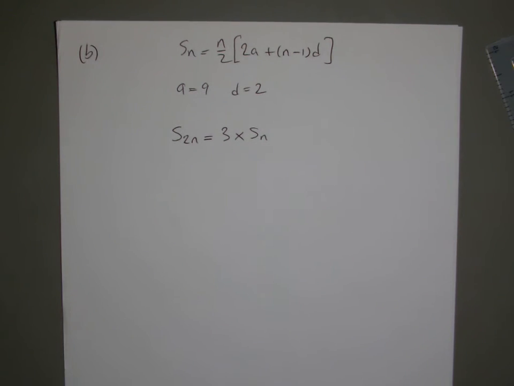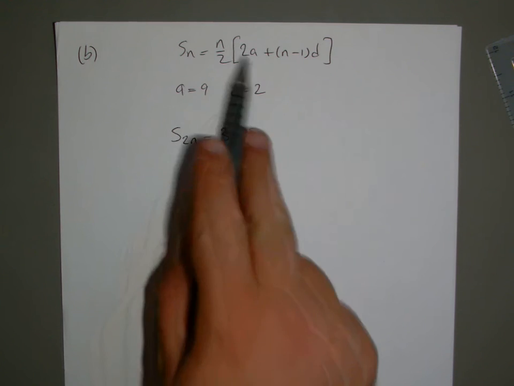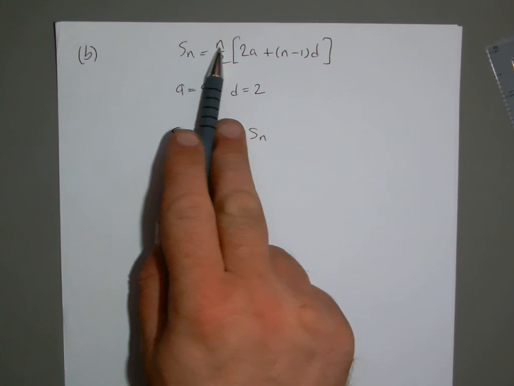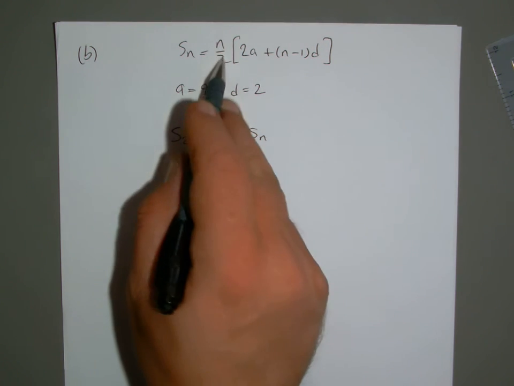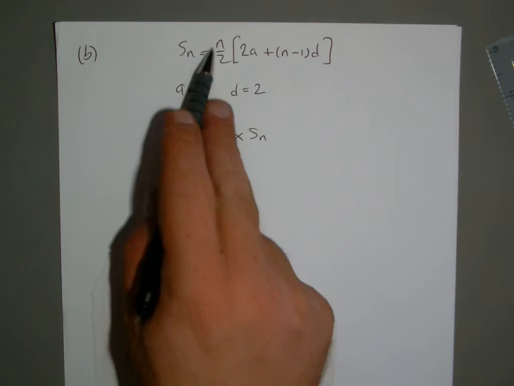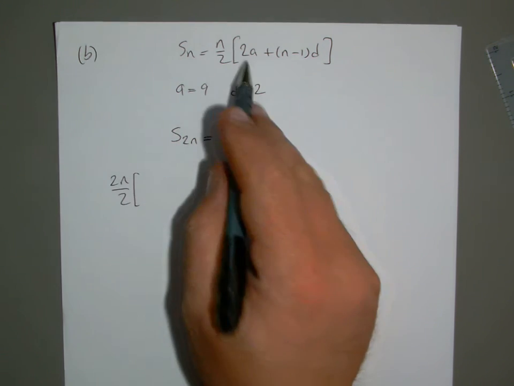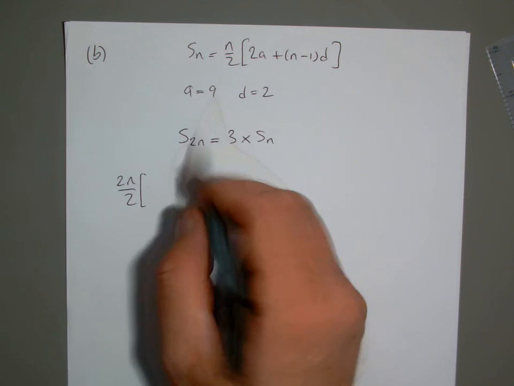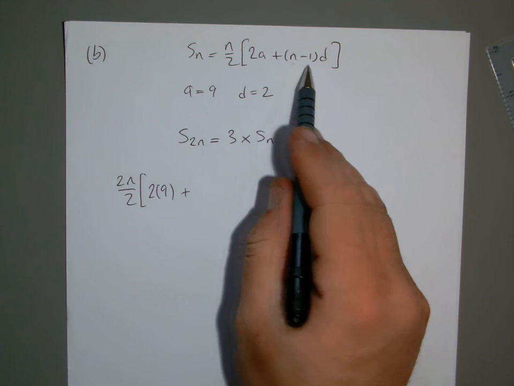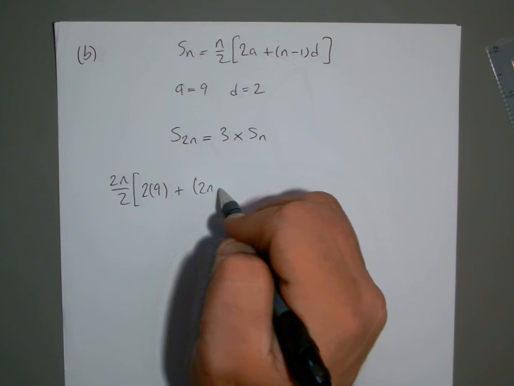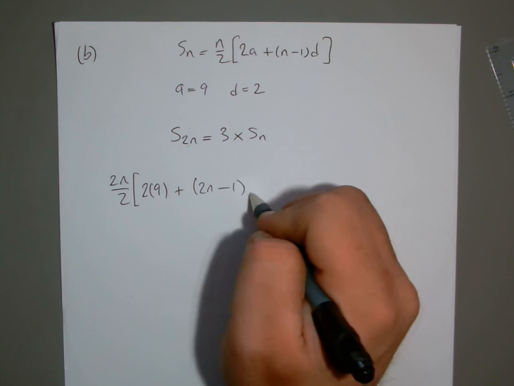So we're going to have quite a bit of work here. It's going to look quite a lot, because the sum of 2n terms is going to be using this but putting 2n in place. So instead of n over 2, because I've got 2n, I'm going to put 2n over 2. So 2n over 2, square bracket, 2a, now remember a is 9 because they've given that to us, plus then in here 2n minus 1, because we've got 2n in place of n, times the difference, which is 2.